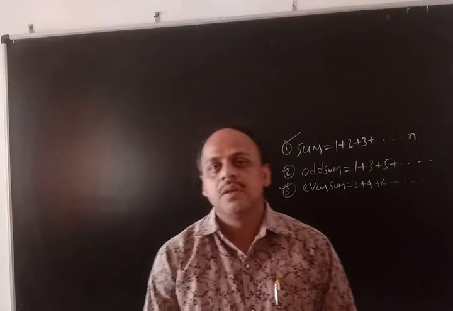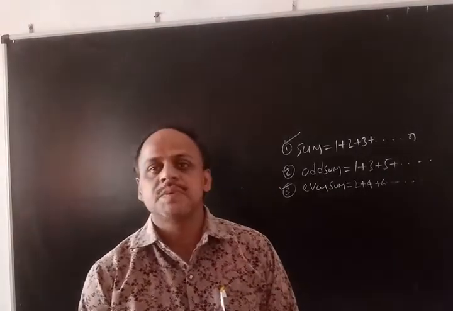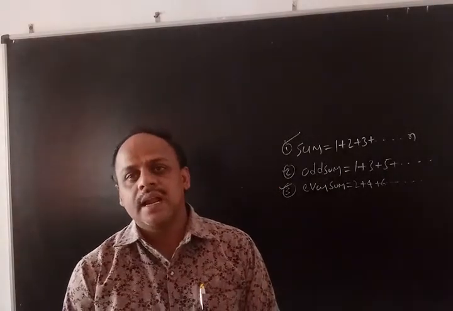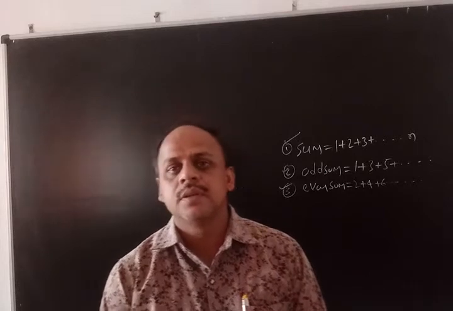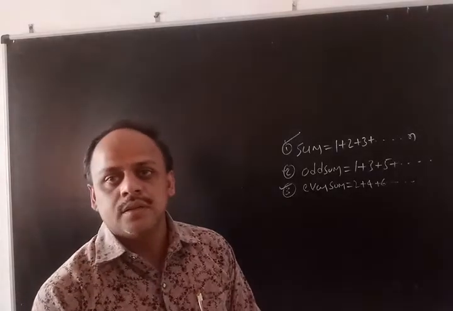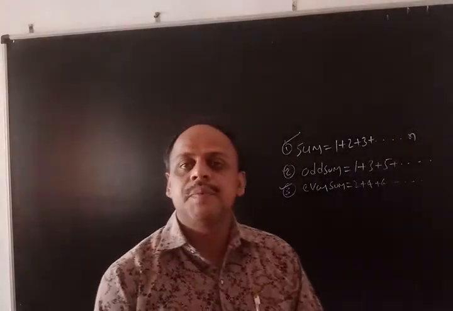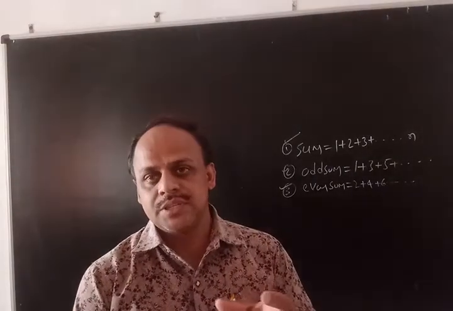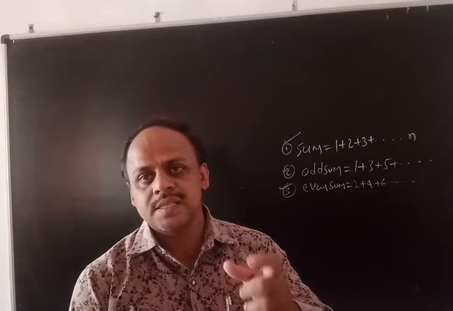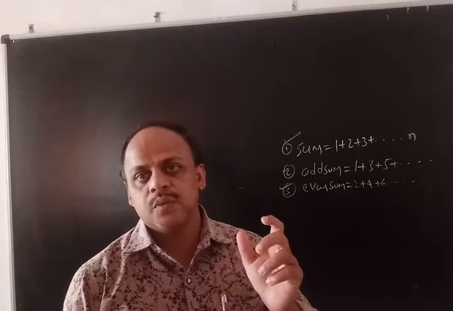So now we have to write a C++ program using the class and object concept so that first we have to accept a limit, means we have to accept an n value.